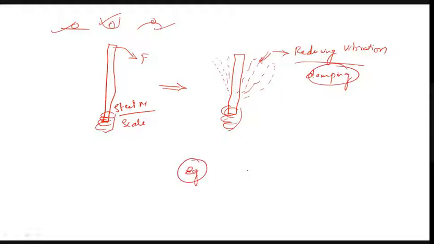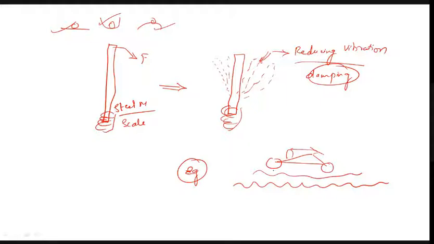Another example is a very rough road. Suppose you are riding a bike or a car on this very rough road. Due to this rough road, a vibration will be created in your bike. This vibration is received by what? The shock absorber.